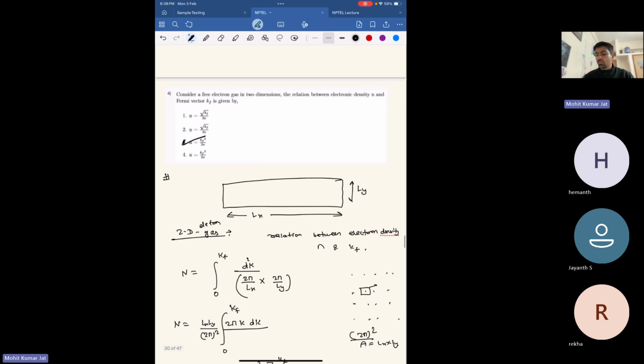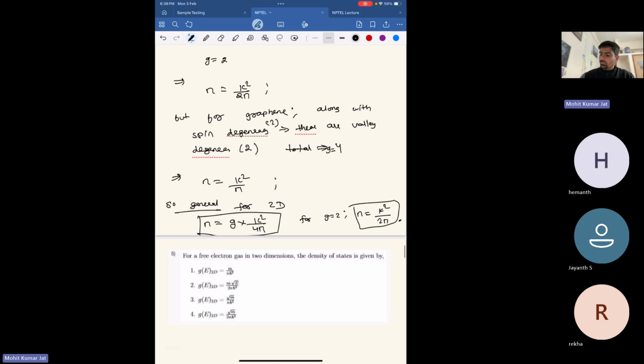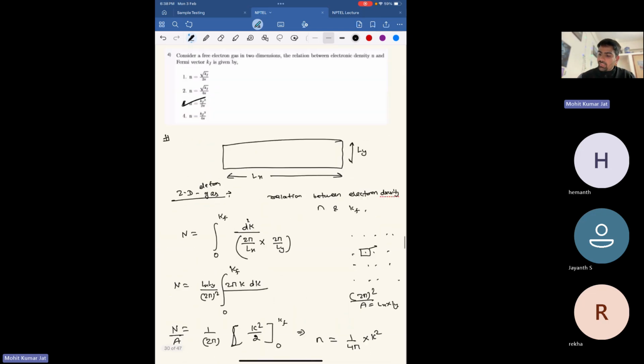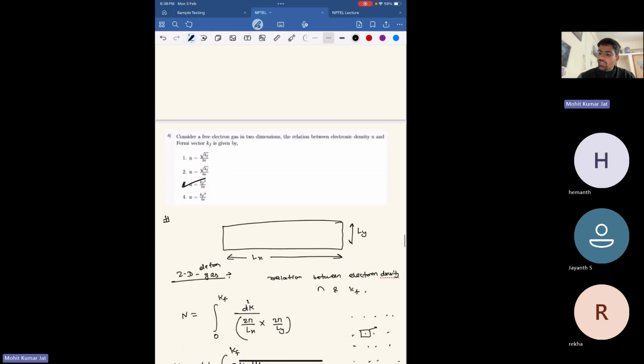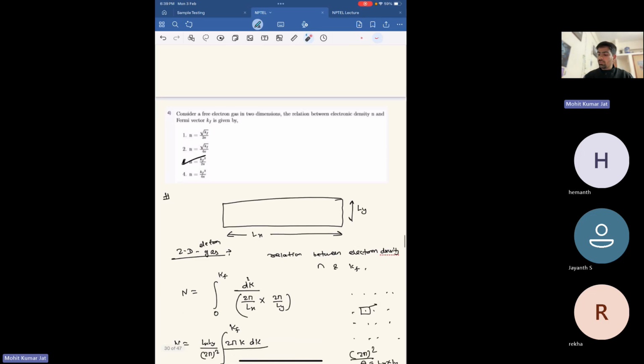Generally we write it as k equals under root 2πn. If you look at these two, they are dimensionally incorrect, because k has dimension of meter inverse and N has dimension of meter to the minus 2. So dimensionally only these two are correct. This is for g equal to 2, the other one is g equal to 1. Yeah. Any question you can ask?